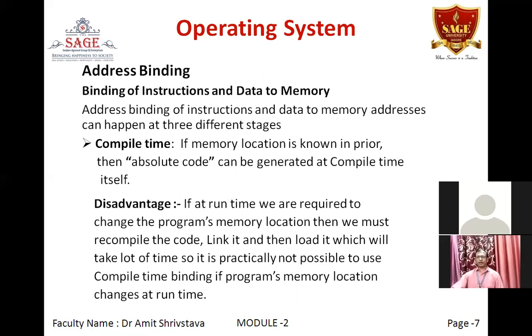I will not generate the logical address. I will simply generate the physical memory address, because ultimately they will be the addresses which will be accessed for execution purpose, right? So I will be generating that physical address itself at the time of compiling the program.